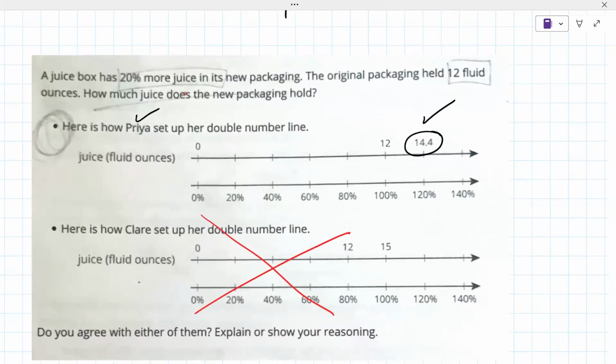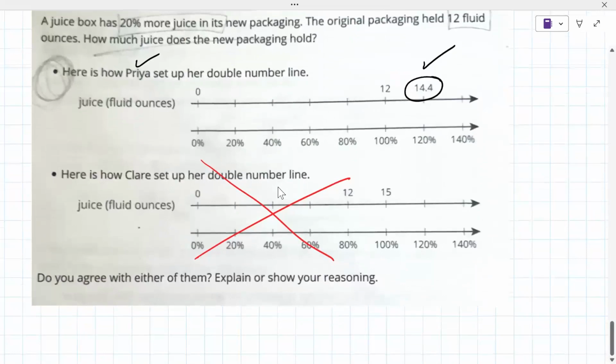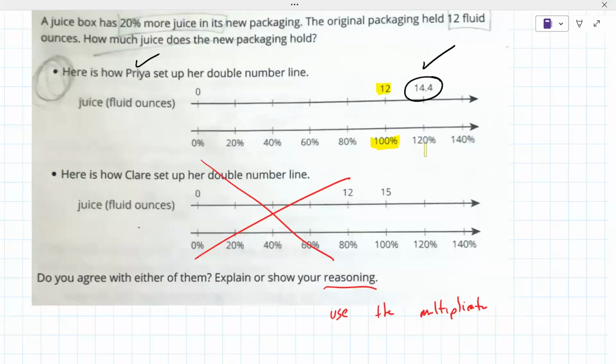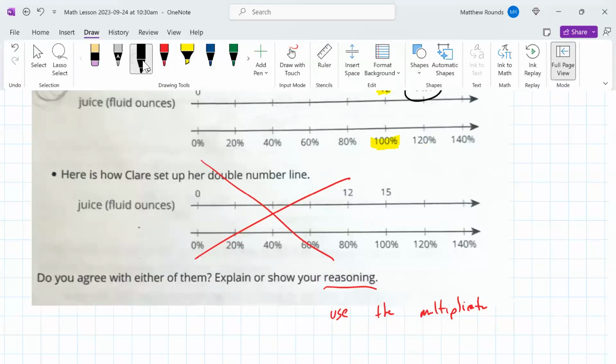Okay. And the reasoning can be really anything, but I would go back and use the multiplication that we did. The more complete answer though, is that the original amount represents 100%.